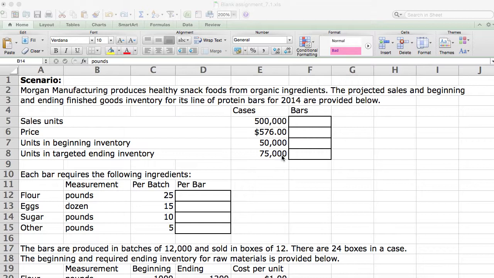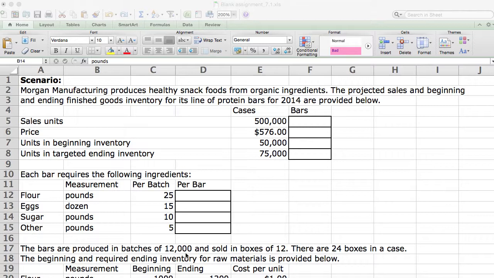Then what we want to understand is that each bar requires the following ingredients. So it breaks it down into flour, eggs, sugar, and other, and it provides you the total quantities for each of those per batch. Well, again, I'm going to refer to row 17, where it states that the bars are produced in batches of 12,000.